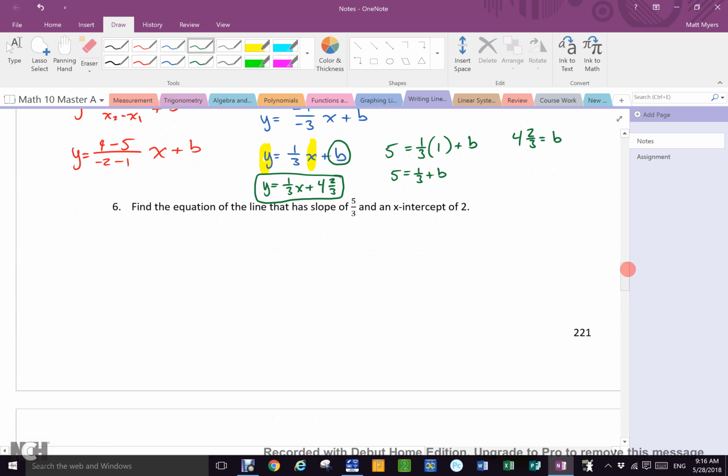Number 6 is written very trickily. See if you can solve it. Remember, write down what you know and then decide on a form. Work with a partner, because I wrote that question tricky on purpose. It's not as easy as you think it is when you first read it. Go.